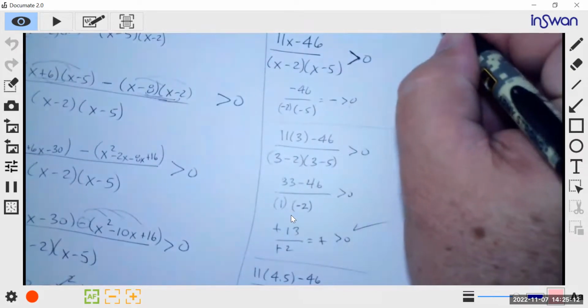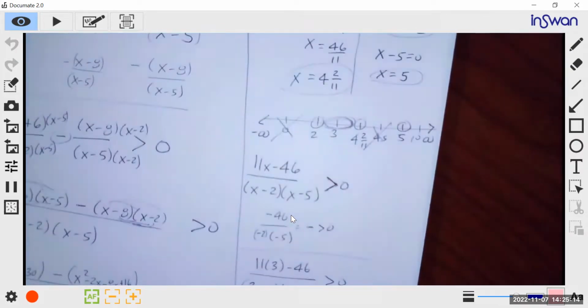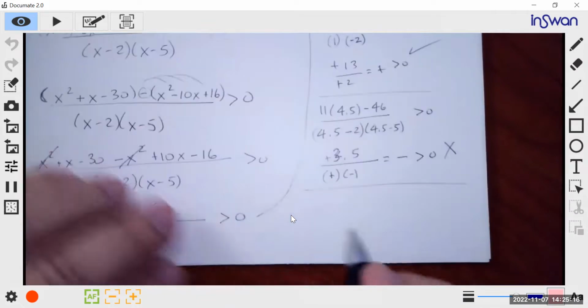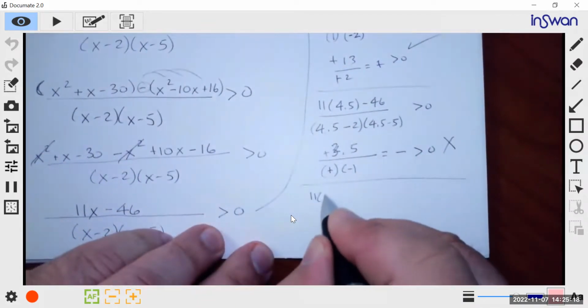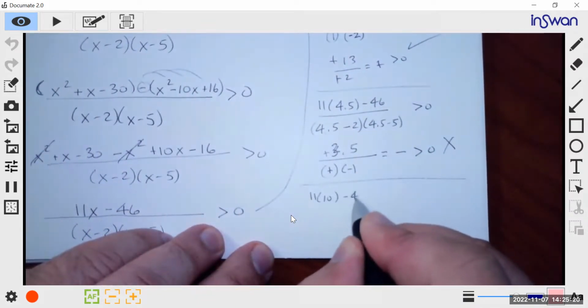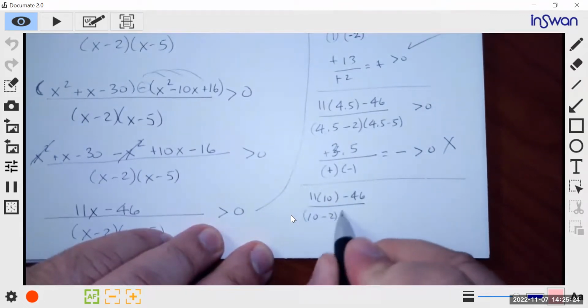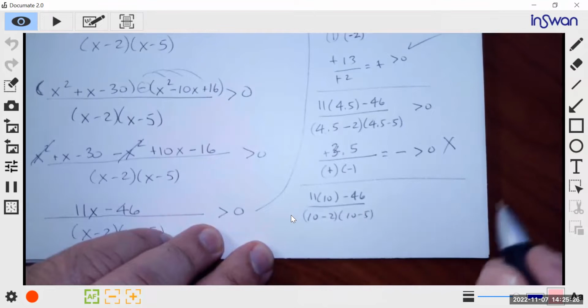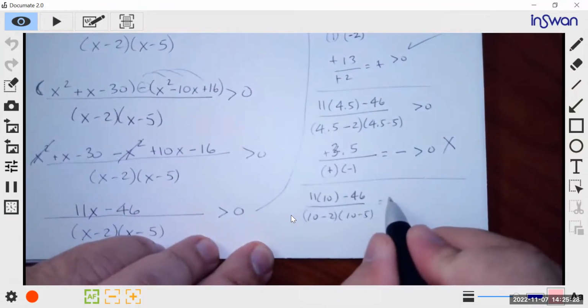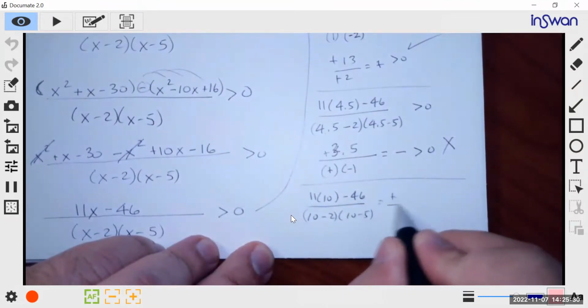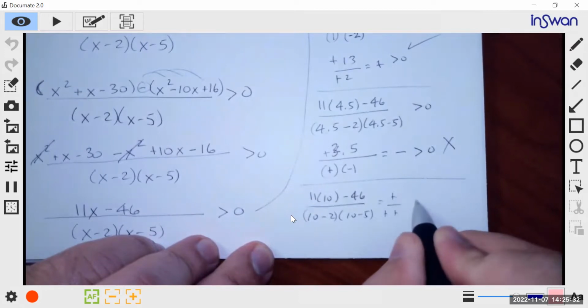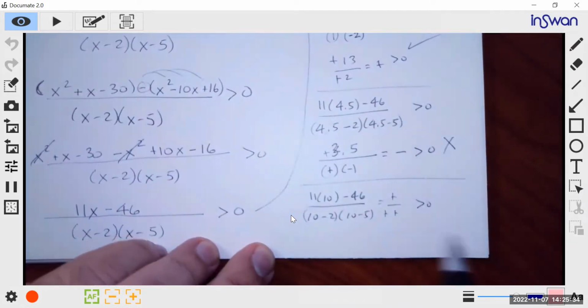Let's use something bigger than 5. Let's try 10. 11 times 10 minus 46, over 10 minus 2 and 10 minus 5. 110 minus 46 is a positive. That's a positive, that's a positive. So they're all positive.